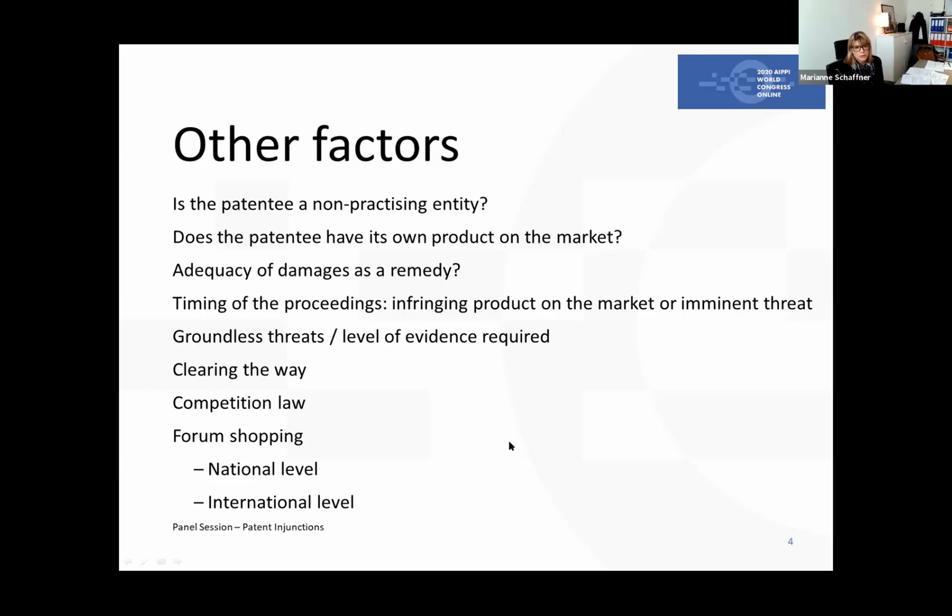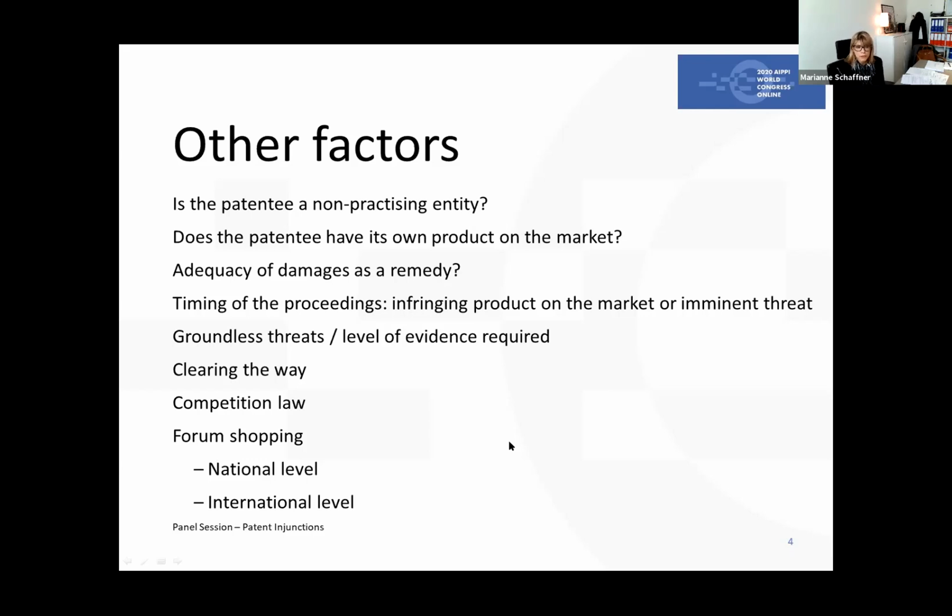With respect to public interest, I would say that the court will not really take into account the public interest. They will just look at what would be the impact of their decision, and more often they will take this public interest into account when the patent is about to expire.